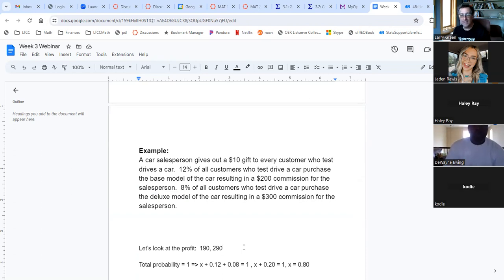Are those the only two things that can happen? What do you think? Is there anything else that could happen besides the customer purchasing the base model and the customer purchasing the deluxe model?